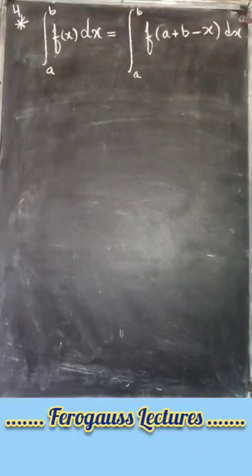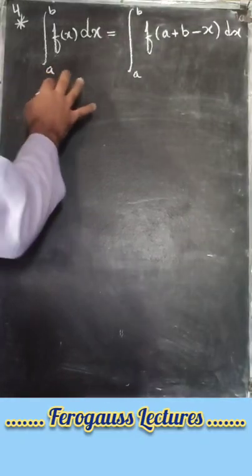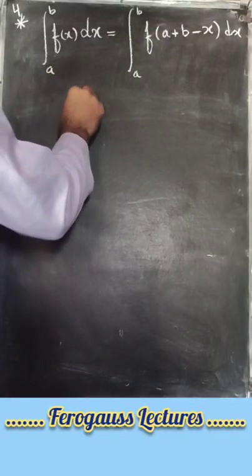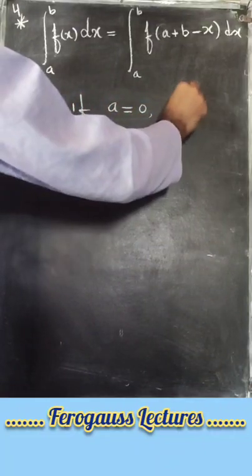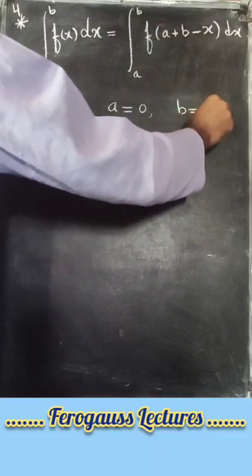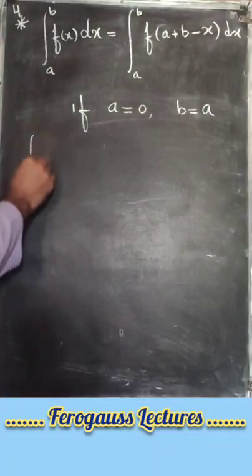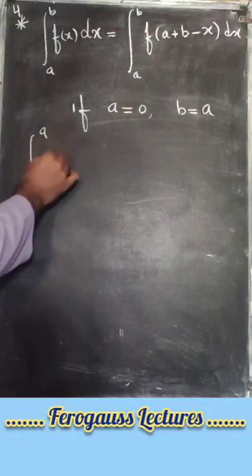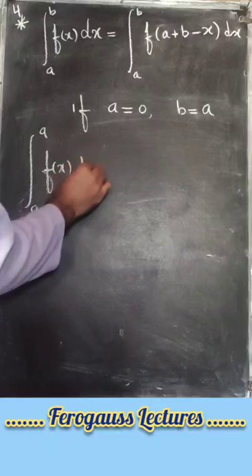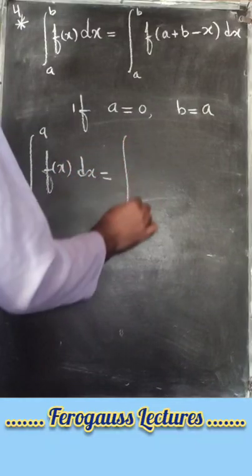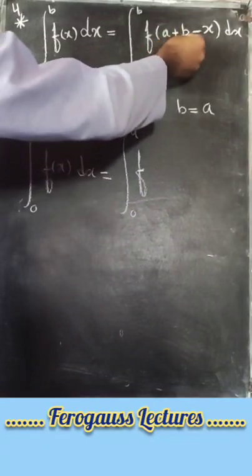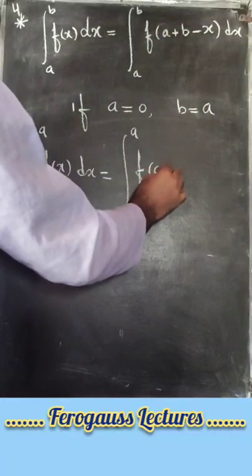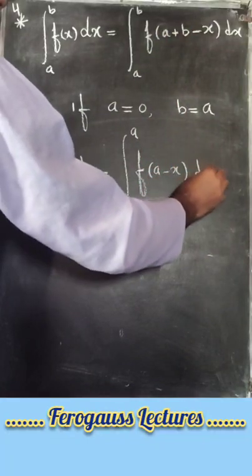Now, let us take a special case of this property. If a is equal to 0 and b is equal to a, then we can write the integral from 0 to a of f(x) dx is equal to, a is 0, b is a, so we get 0 + a - x, that is a - x, dx.